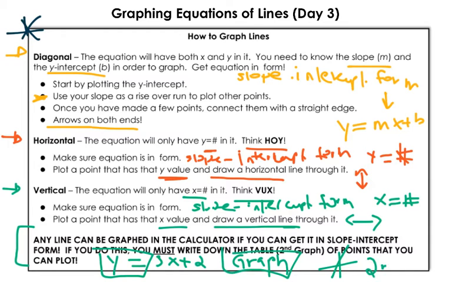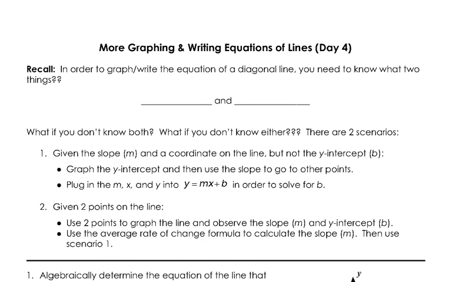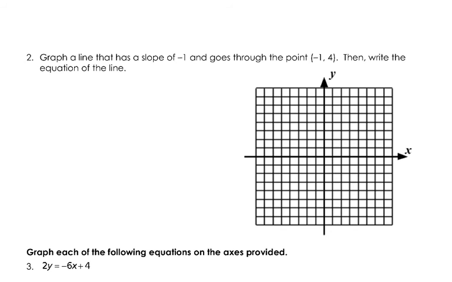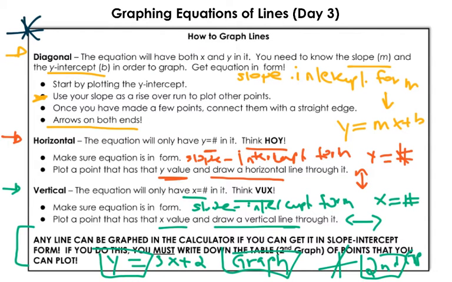And then if you press second graph, oops, I didn't want to do that. Second graph, it will bring you the table, and the table will have your x and y values, and then you could plot those points and make your line, and then go back to hit graph again, to then look at that.